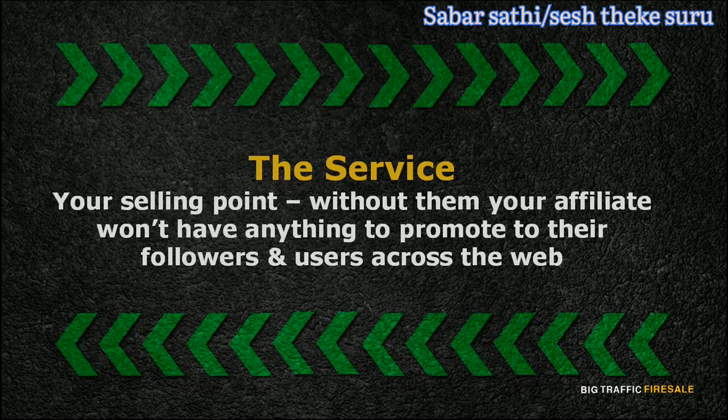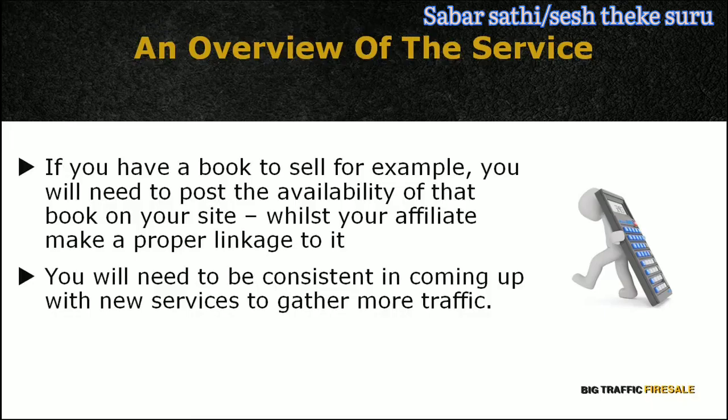Don't forget the services. These are your selling points. Without them, your affiliate won't have anything to promote to their followers and users across the web. So if you have a book to sell, for example, you'll need to post the availability of that book on your site. The links of the specific landing page of your book will need to be provided for your affiliate to make a proper linkage towards your website.